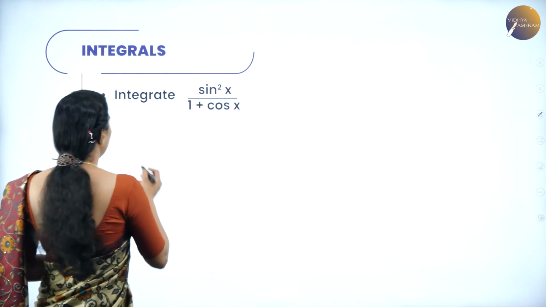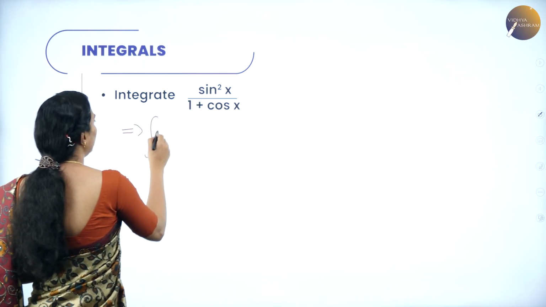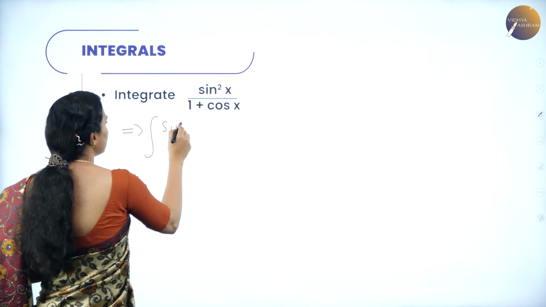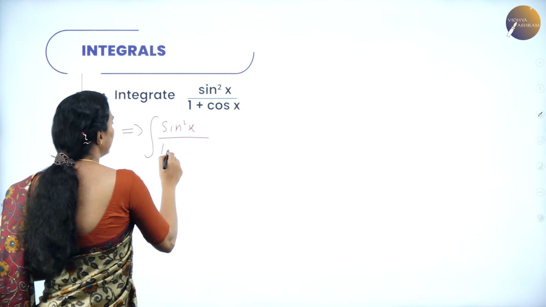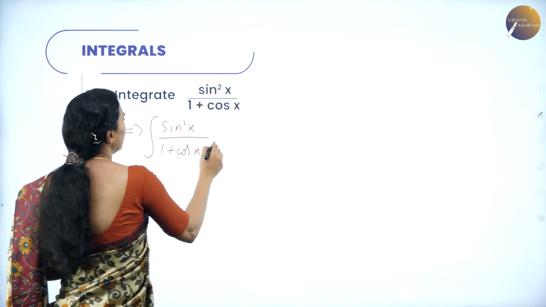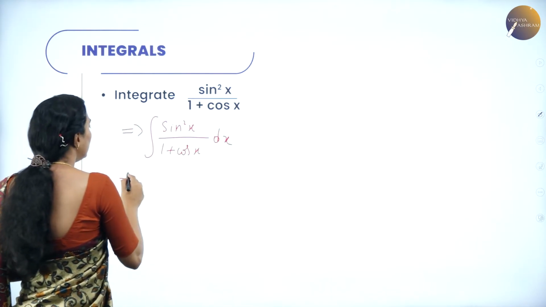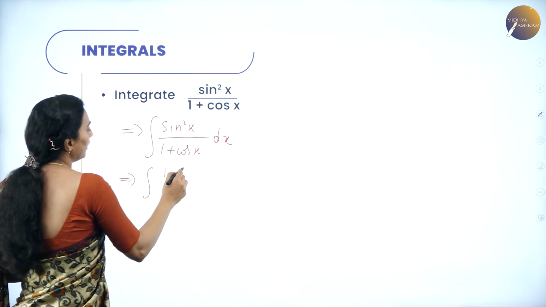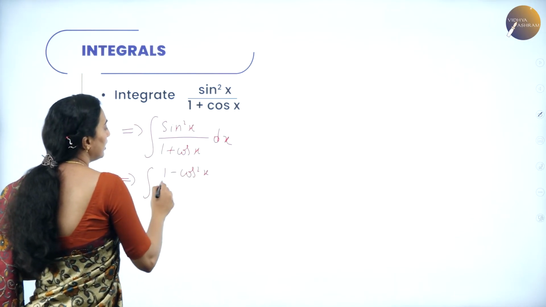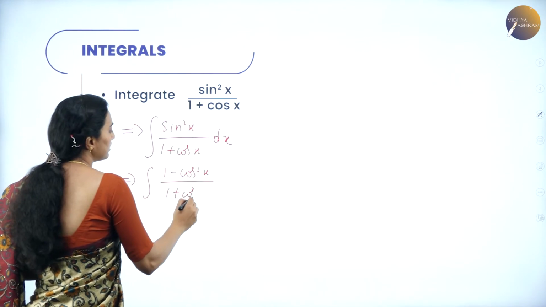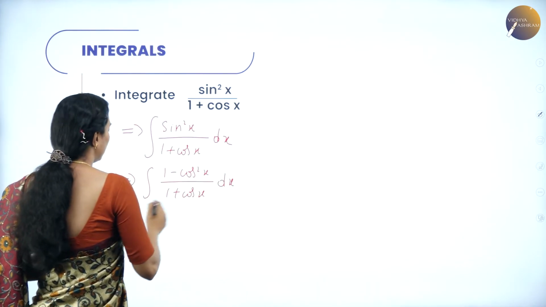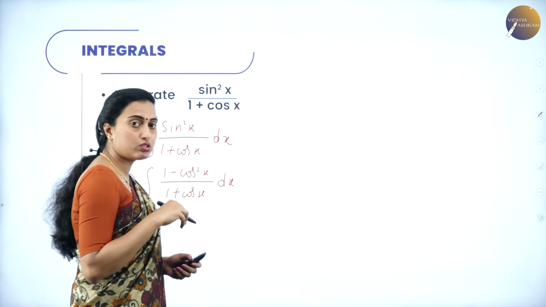Writing accordingly, we are going to have symbolically integral of sin squared x as it is. I am writing first symbolically, and then further you can have the simplification. Integral of sin squared x, I am writing it as 1 minus cos squared x divided by the denominator as it is, 1 plus cos x into dx, which implies 1 minus cos squared x.